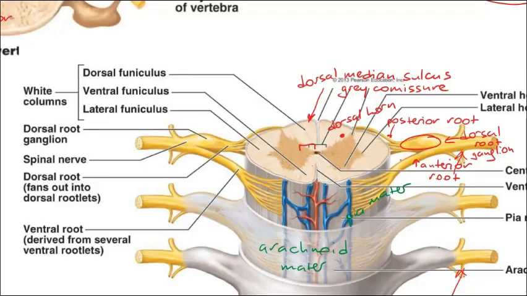So these white columns here, in this half, are called funiculi. So this is a dorsal funiculus. This is the lateral funiculus. And this is the ventral funiculus. Okay? Makes sense? We pretty much covered everything except for this little opening, which is a central canal through which cerebrospinal fluid circulates.